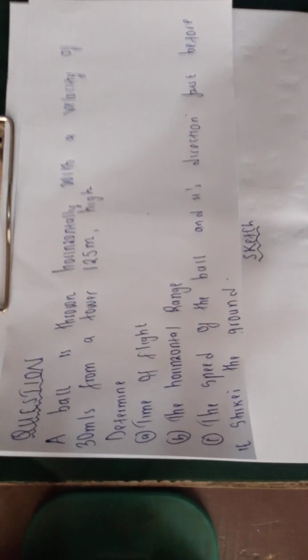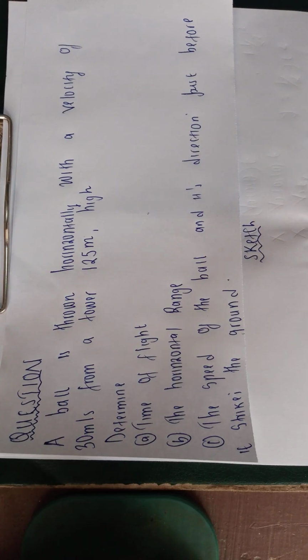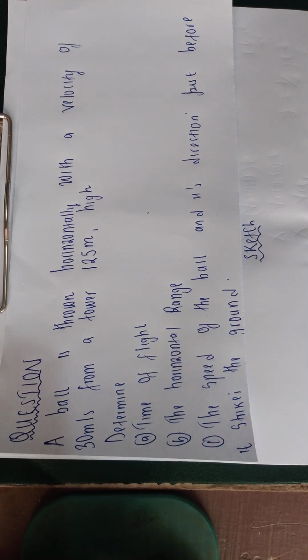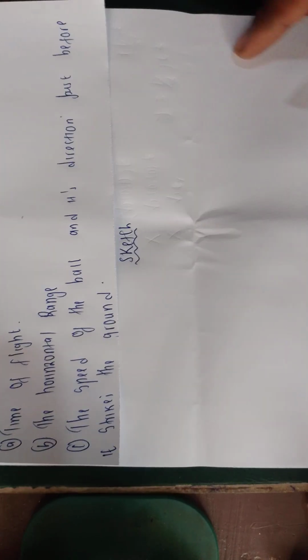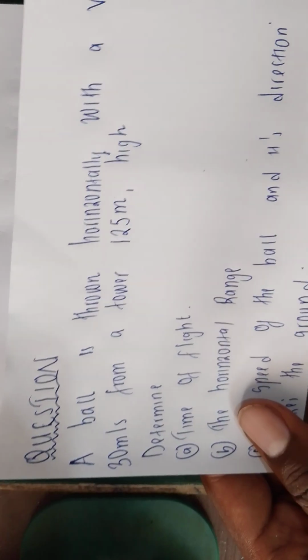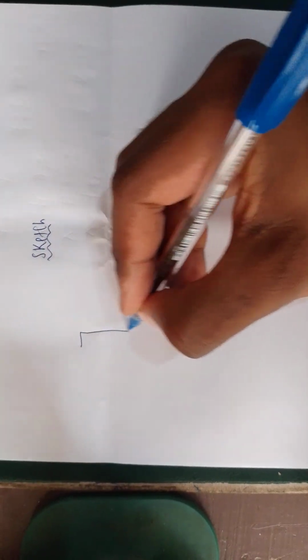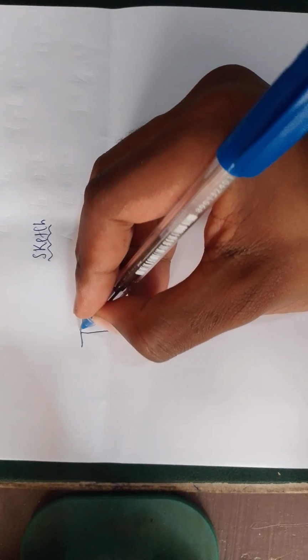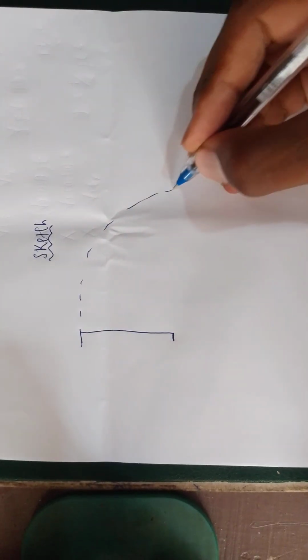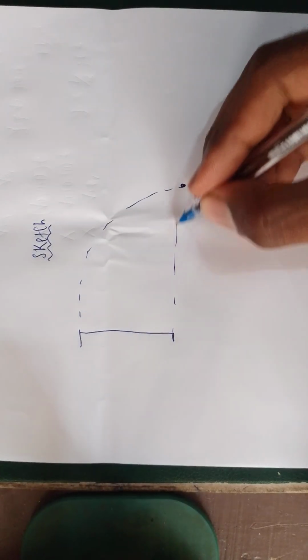So they are saying this ball is thrown horizontally with a velocity of 30 meters per second from a tower which is 125 meters high. Then they want you to determine the time of flight. So the first step is we are going to sketch. This ball is thrown horizontally, so the sketch is supposed to look something like this. Horizontally in this form, and then it will strike the ground somewhere here.